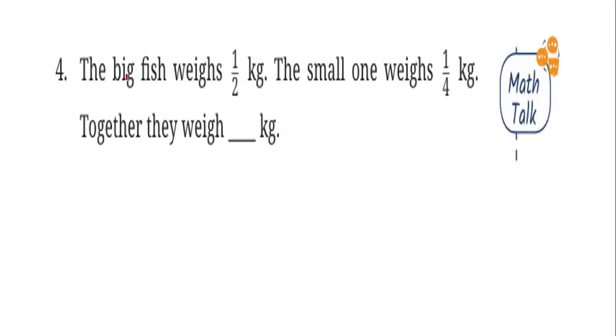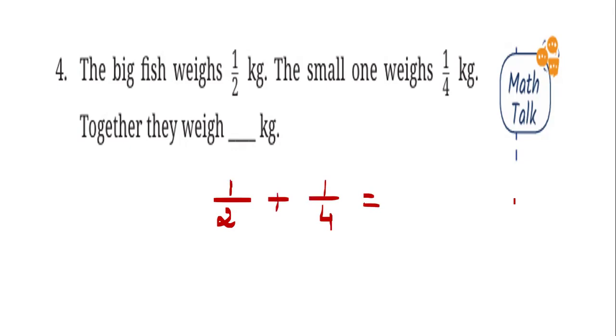Fourth one. The big fish weighs 1 by 2 kg. The small one weighs 1 by 4 kg. Together they weigh dash kg. Here 2 fishes are there, of weight 1 by 2 kg and 1 by 4 kg.